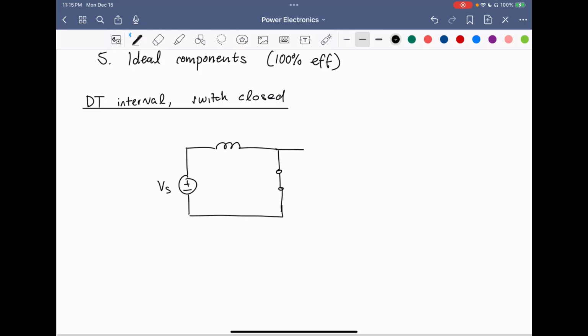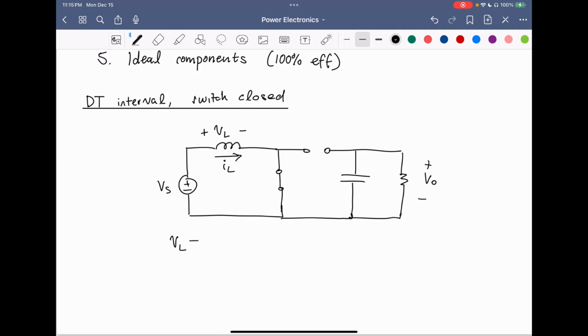Under this condition, we will have the diode reverse biased, and then we have the output capacitor and the load resistor R. So in this DT interval, the voltage of the inductor is equal to VS. This is because this node is VS and this node is tied to ground.